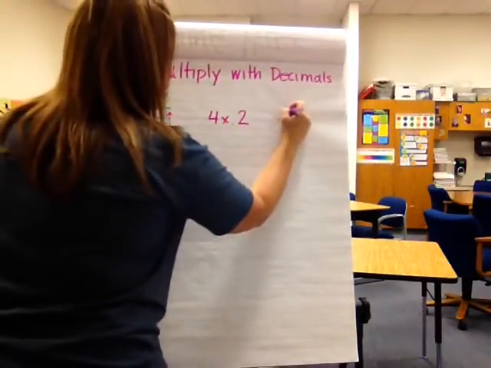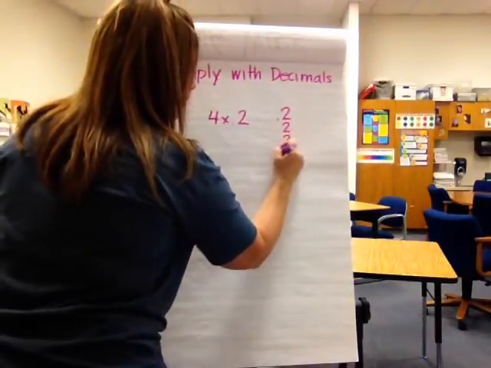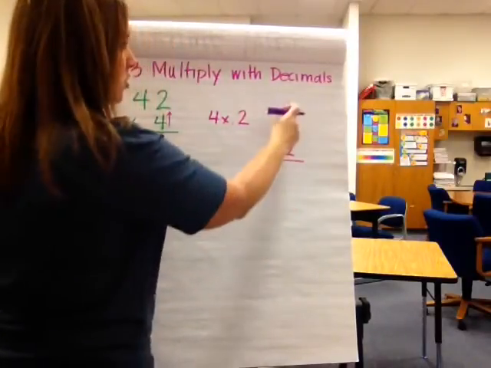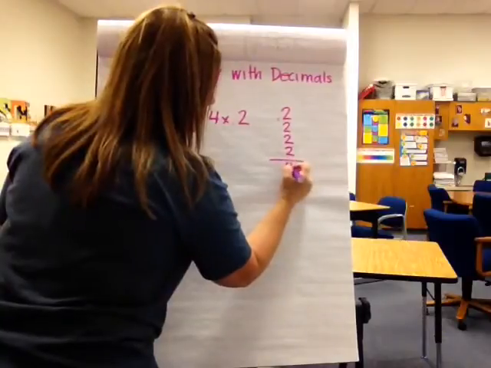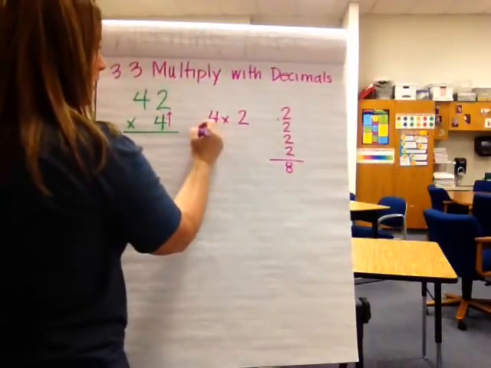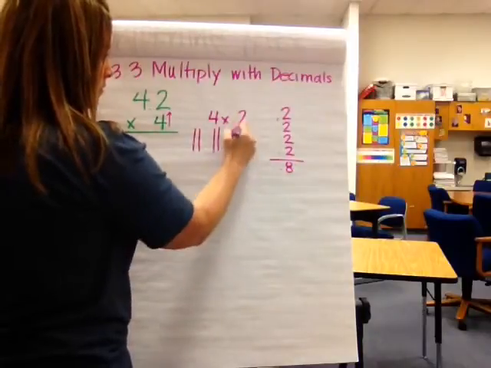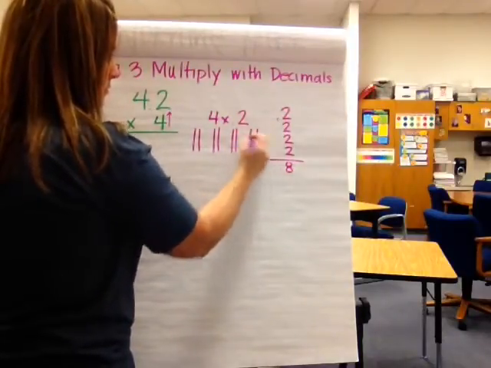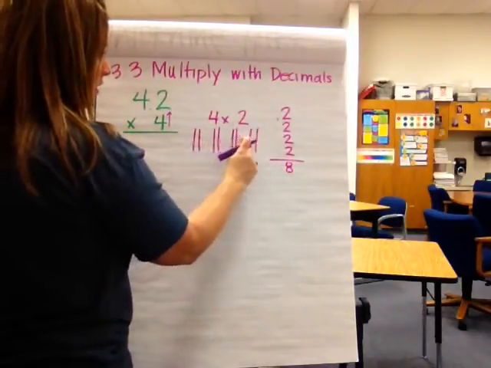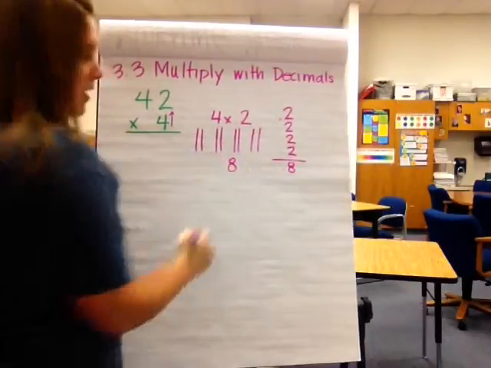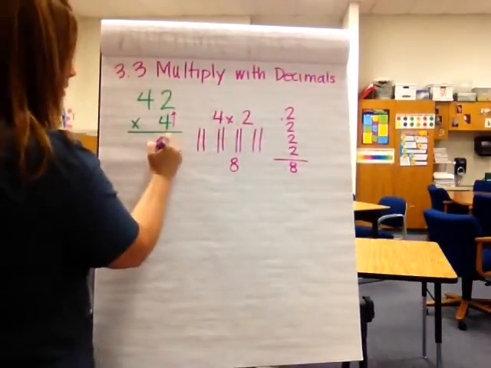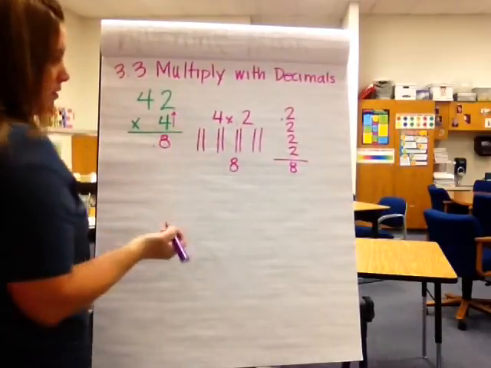So we could say 2/10 4 times. 2, 4, 6, 8 tenths. You could look at it pictorially. 2/10 4 times. 1, 2, 3, 4, 5, 6, 7, 8 tenths. Okay, so that's our 8 tenths.